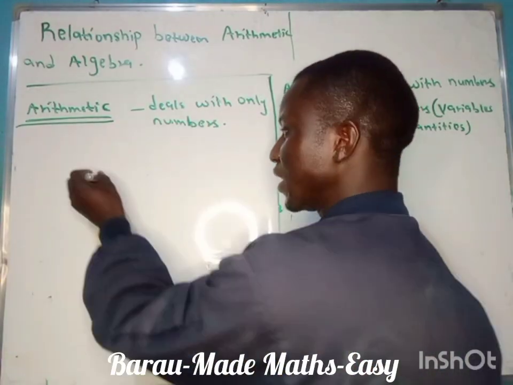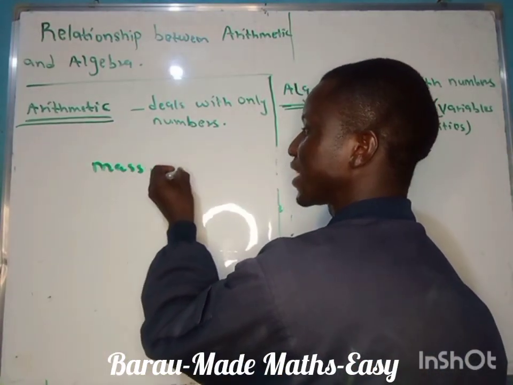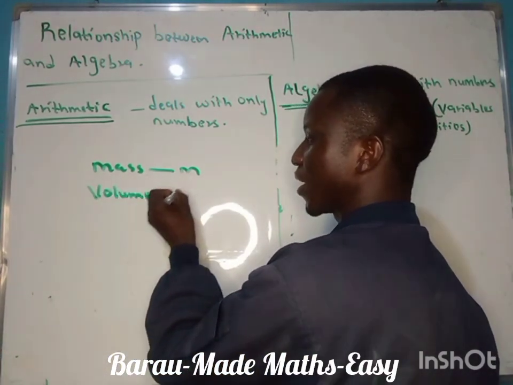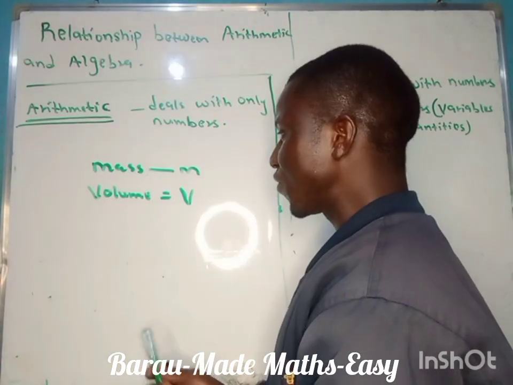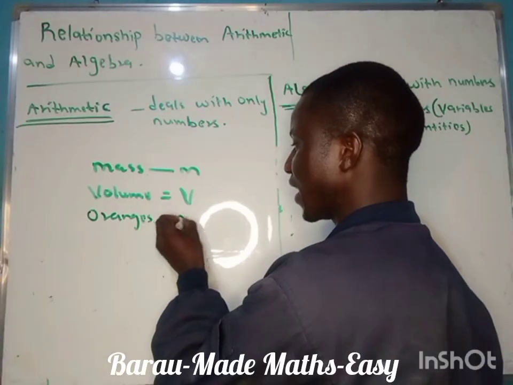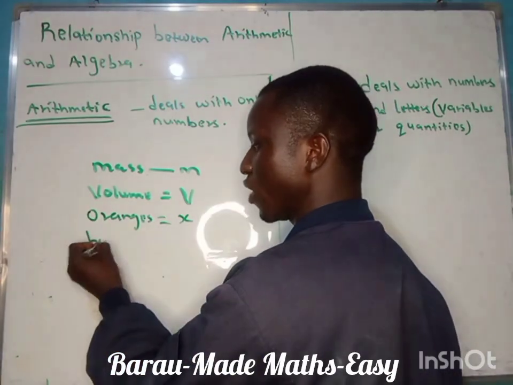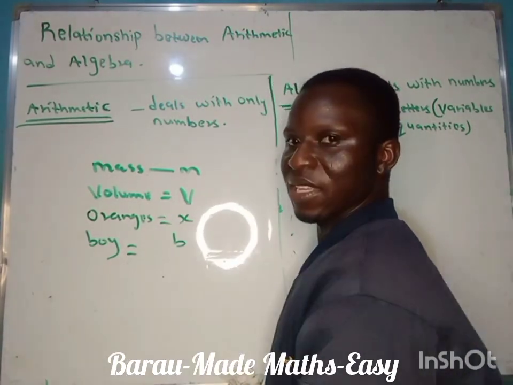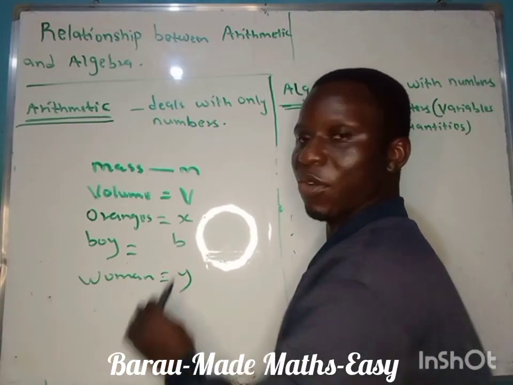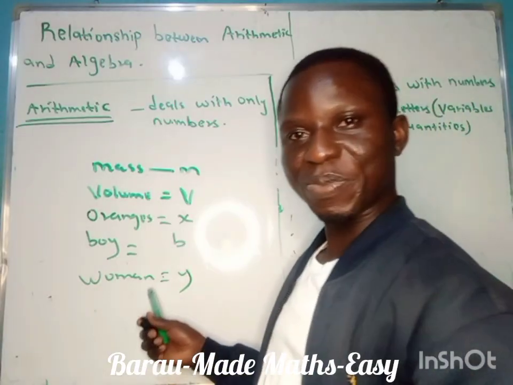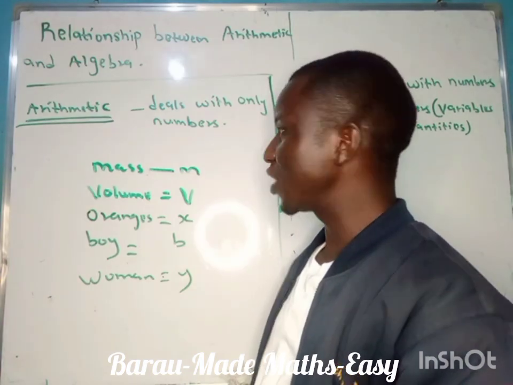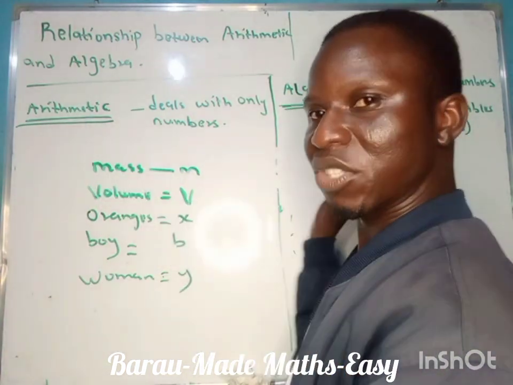Example, instead of using mass, we can call it letter M. Instead of using volume, we can call it letter V. Instead of using oranges, we can call it letter X. Instead of using the word boy, we can decide to use letter B. Instead of using the word woman, we can decide to use letter Y. So when you see letters in algebra, they are representing quantities.